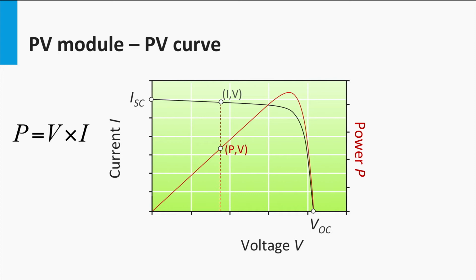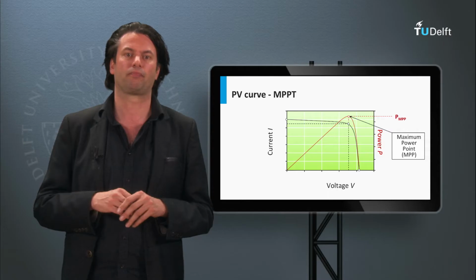Now, what is the significance of the P on the PV curve of a solar module? Well, this is the power that is produced and delivered to the rest of the PV system, and eventually the load. Therefore, it is clearly advantageous that the solar module operates at maximum power, as seen in the figure as the peak of the PV curve.